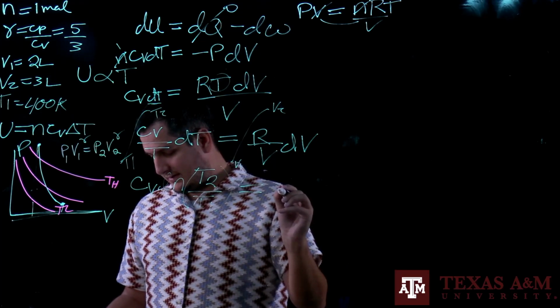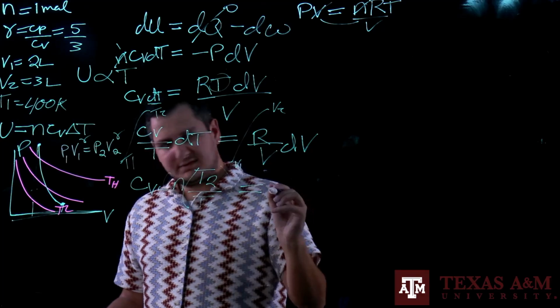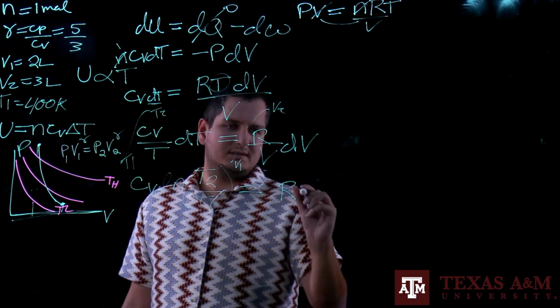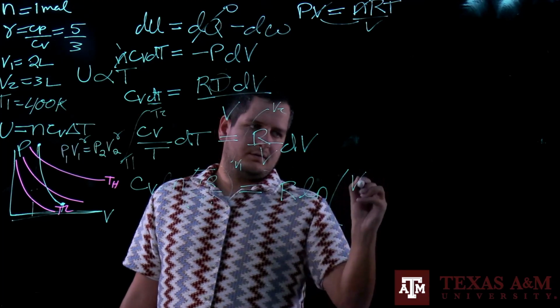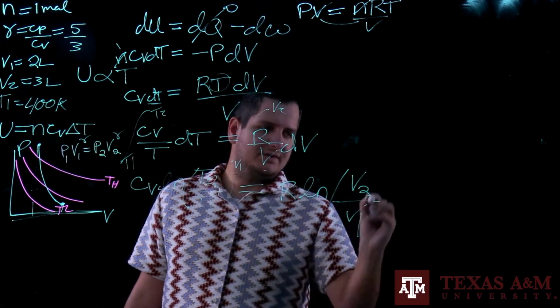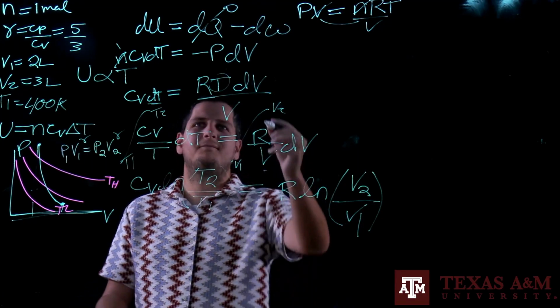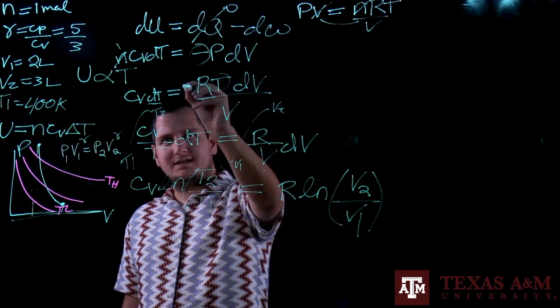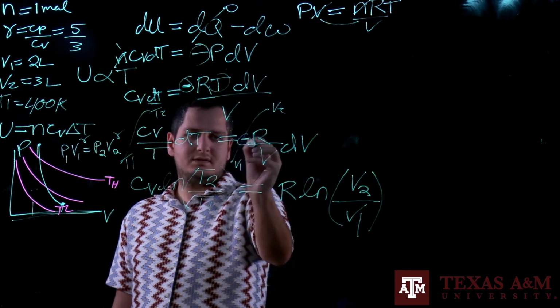I'm missing a negative somewhere, I believe. Let me find it. Ah, yeah, the negative's here. My bad, please forgive me. So the negative is here, and it will get carried down here.